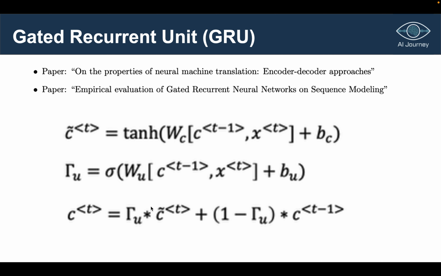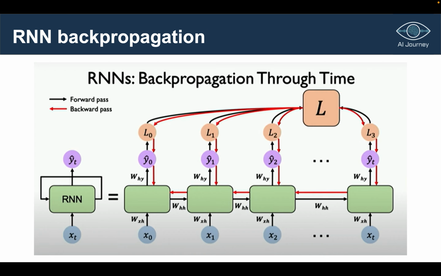In case the gate was 0, we're gonna throw away the C tilde and keep the activation or the hidden state from the last timestamp, and keep C_{t-1} as the activation at this timestamp. So that's the full gated recurrent unit algorithm, in which we decide when we need to update and when we don't need to update our activations or hidden state.